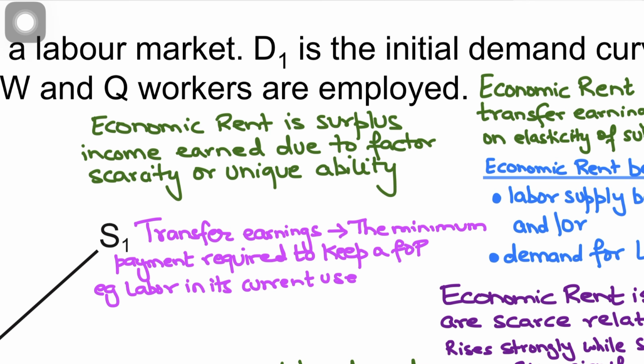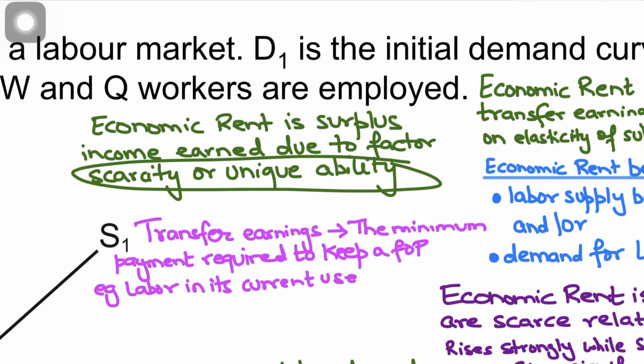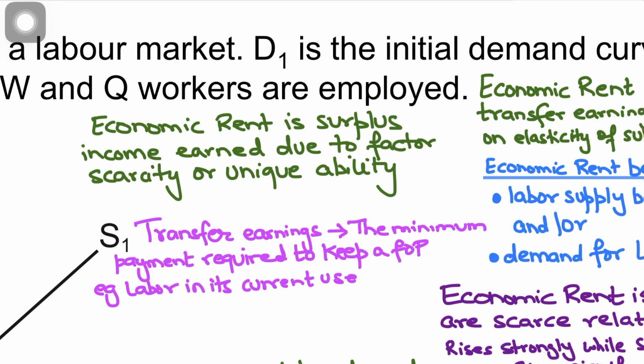I'll come to the line about scarcity or unique ability. If a person earning $800 somewhere else is wanted to work for you, then possibly that person has a unique ability, and the fact that labor is scarce means you would end up paying him more than what he is earning elsewhere.